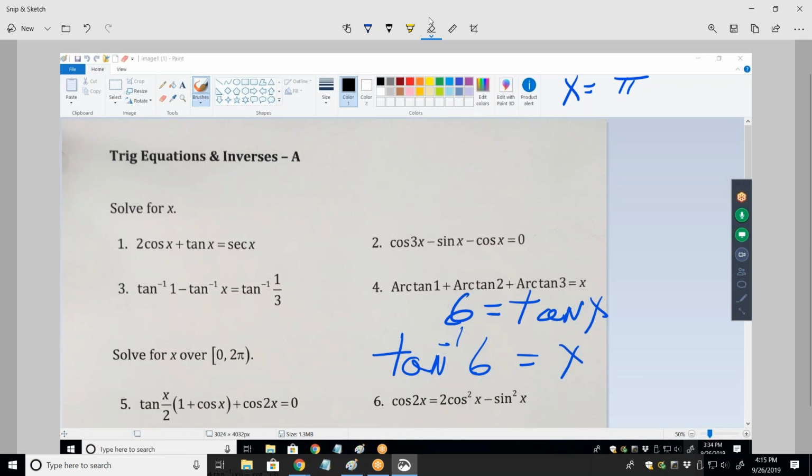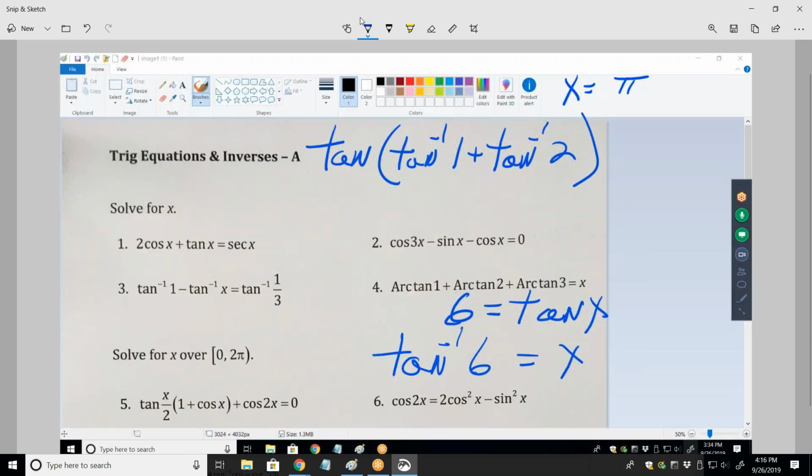You cannot distribute. In other words, this is not equal to 1 plus 2. Because it looks like you could distribute it to that, which is equal to 1, plus distribute it to that, which is equal to 2.